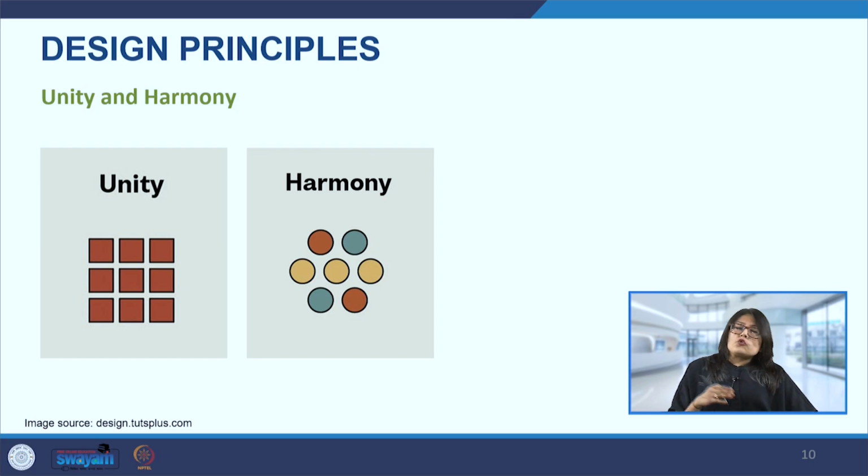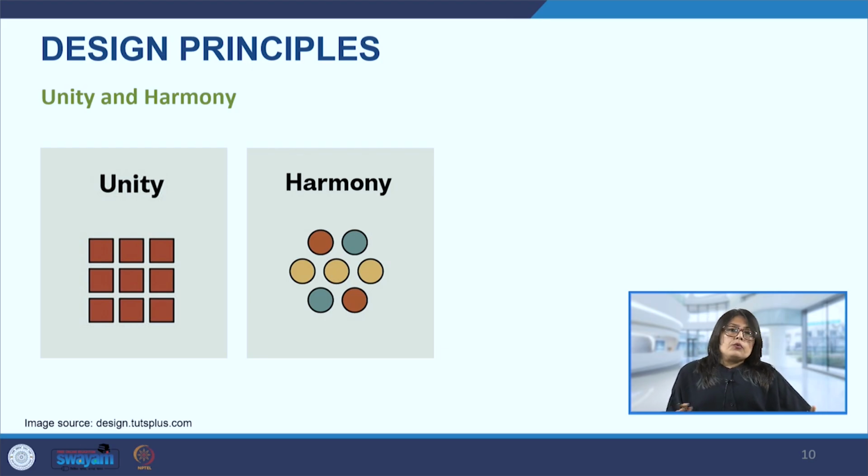So when there is too much harmony, or very little harmony, in terms of, say, color: if we are taking the same color palette in the entire page and all the subsequent pages, sometimes too much harmony can also make something very dull. And when the harmony is missing, when a very different color scheme is on each page, then also the harmony is lost.